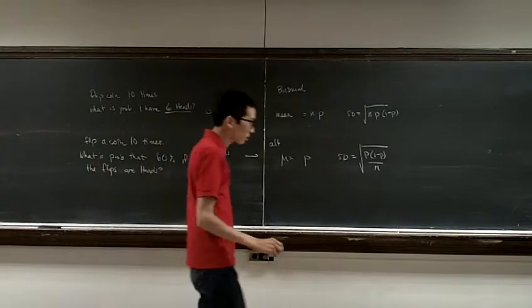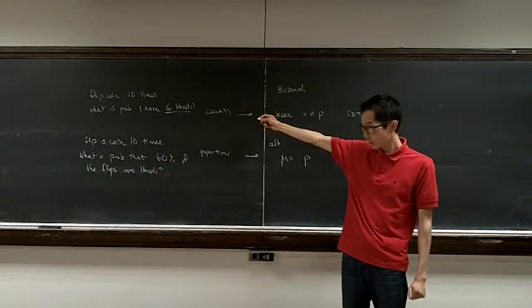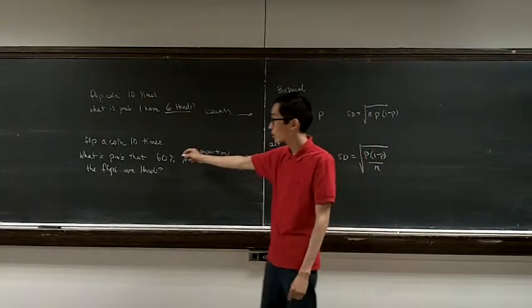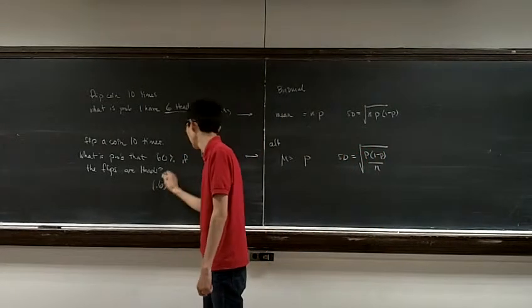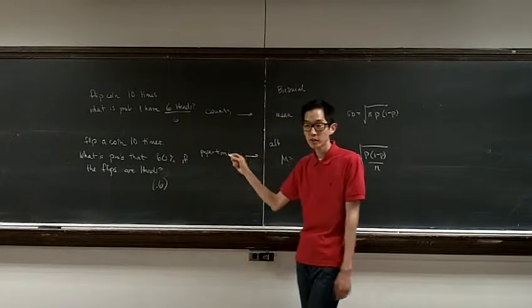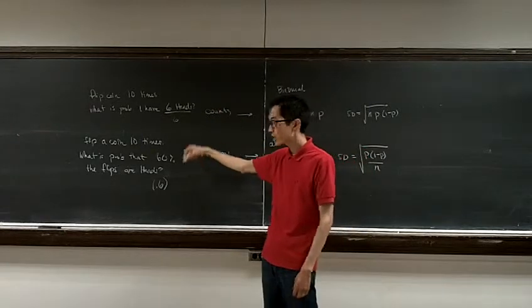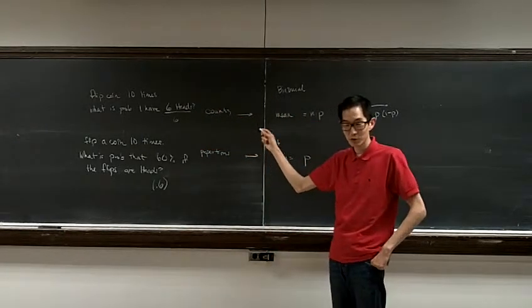So these two things, they're the exact same question, right? Except this one, we're dealing with a percentage, or 0.6, and over here we have a count, 6. Okay, as long as you can keep track of which is which, then you'll be fine.